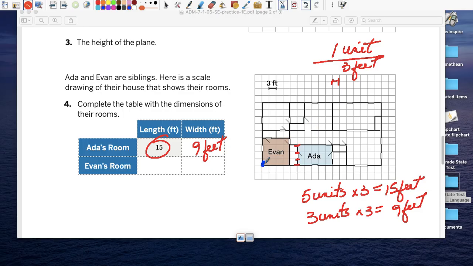If you count, that's 1 unit, 2 units, 3 units, 4 units. This is 4 units on the grid. But in real life, what does that represent? Well, every unit is 3, so just multiply 4 times 3, we get that it's 12 feet long in real life. And because it's a square, everything else also would be 12.